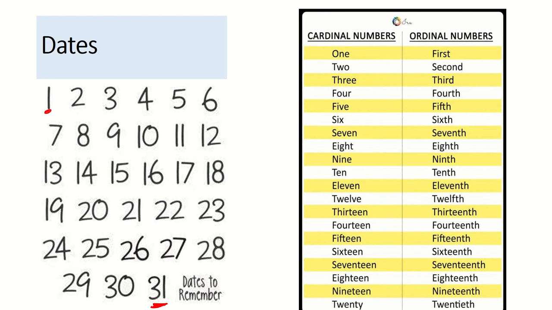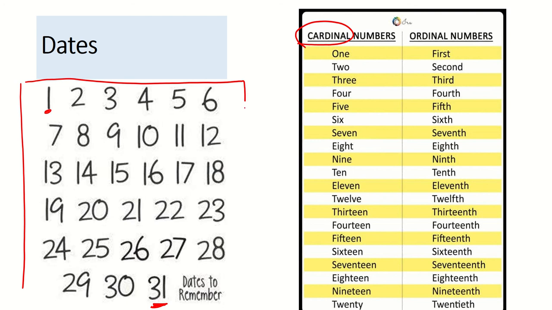If you see numbers like this, you usually think about cardinal numbers, right? 1 2 3 4 5 6 7 8 9 10. But when it is this kind of number, 1 to 31, here they are in a calendar.